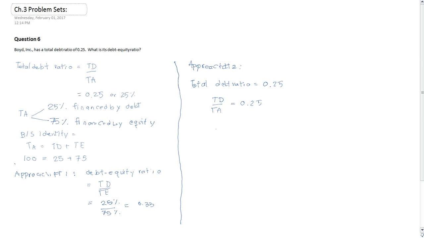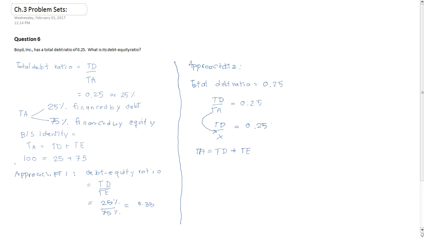And in a situation like this, I recommend you simply put 1 as a variable. So assume that total asset is X. Okay, so I just say total asset equal to X. Then we can work on it: from the balance sheet identity, we know that total asset equals total debt plus total equity, right?